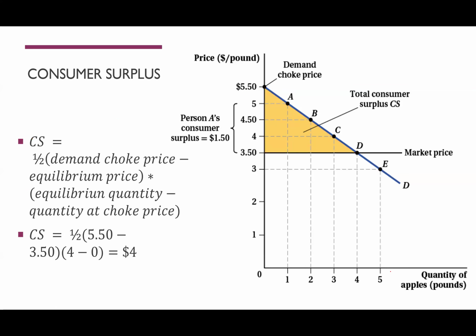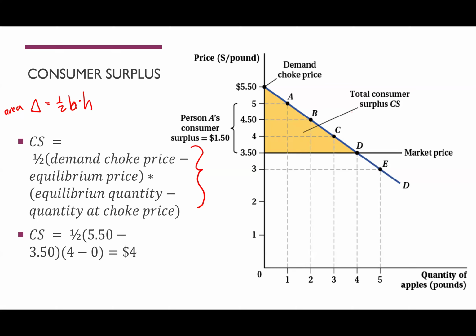So here's that formula for you. If you remember the area of a triangle formula, it is equal to 1/2 base times height. I've translated that into the specific points on our graph that you'll need to identify.